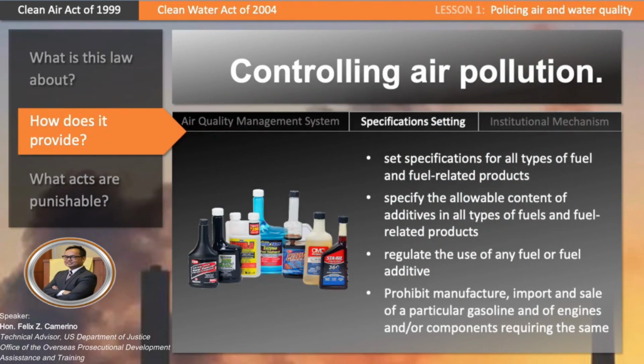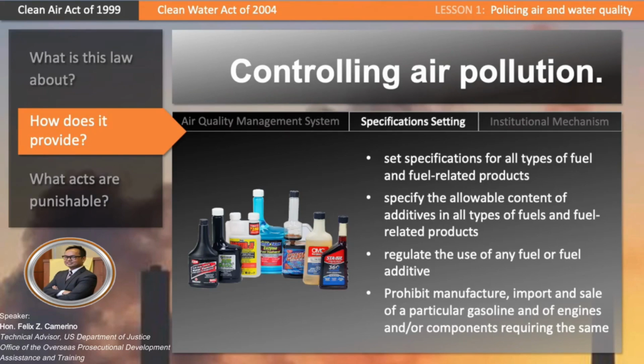So the last point in this grouping refers to a prohibition on the manufacture, the importation, and sale of a particular type of gasoline. As well, the prohibition on the engines and or components that use that type of gasoline. The gasoline I'm referring to here really is leaded gasoline.